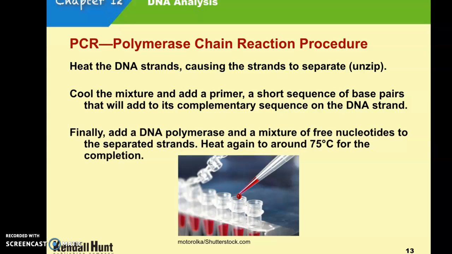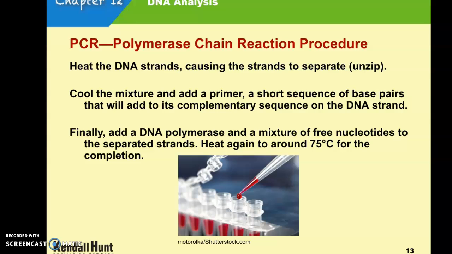Next thing is that they add an enzyme called DNA polymerase, and DNA polymerase is the enzyme that's responsible for copying DNA. So once that primer is in place and you have DNA polymerase added, it starts copying the rest of the DNA molecule.